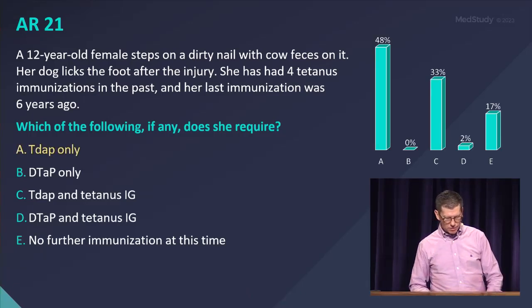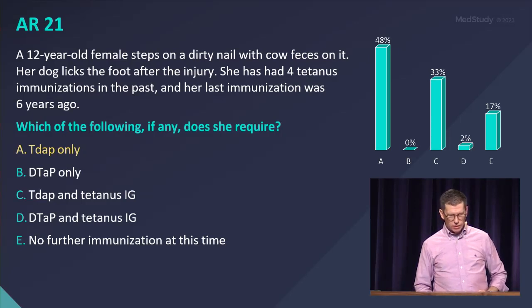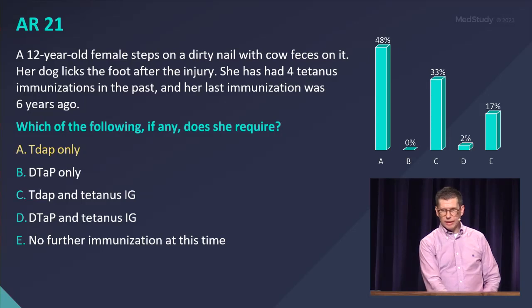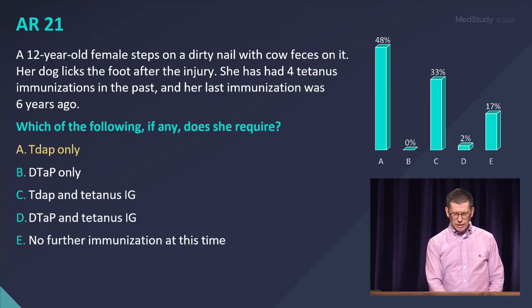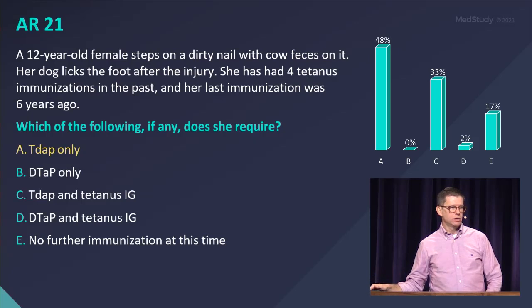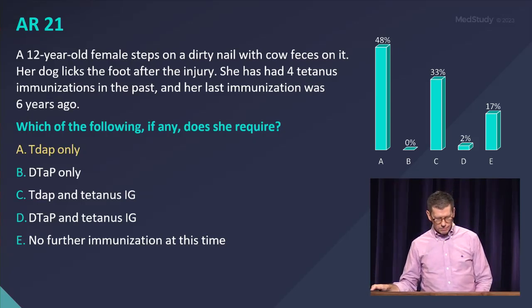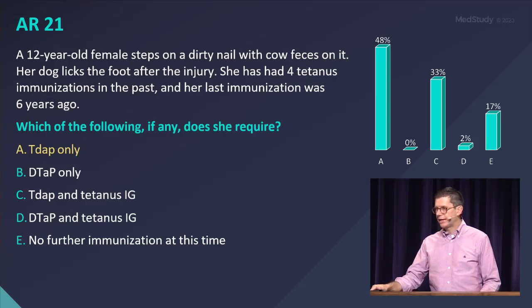So, a Tdap only. Most of y'all got this, right? I guess we would all agree that this is not a clean wound. So this is a dirty wound. So Tdap only. It's not C or D, which have immunoglobulin, because the kid has had at least 3 vaccines.